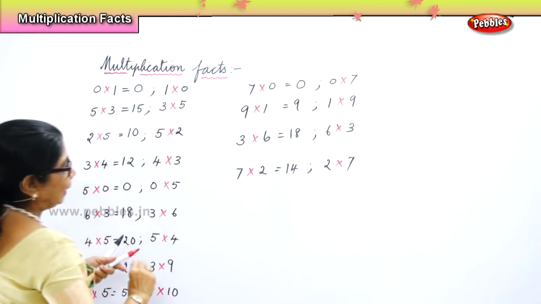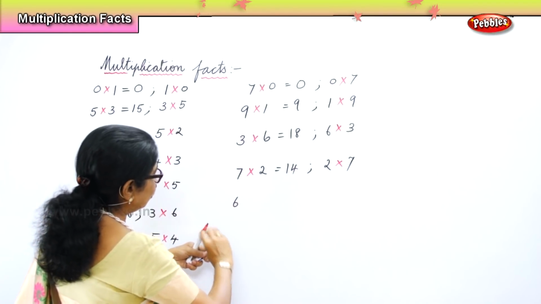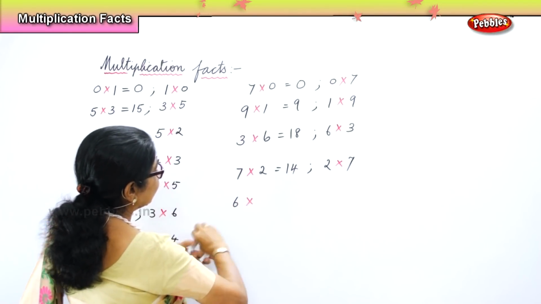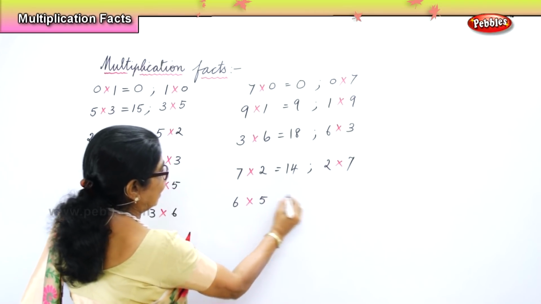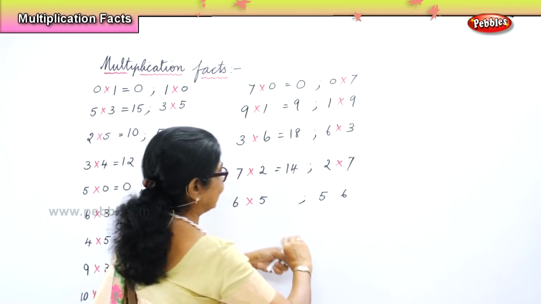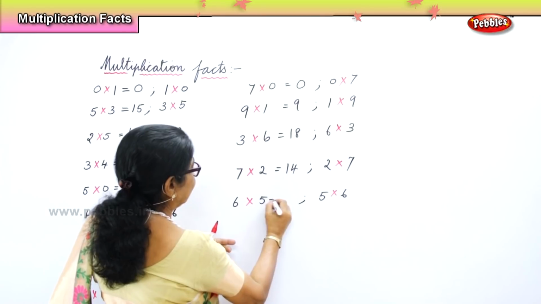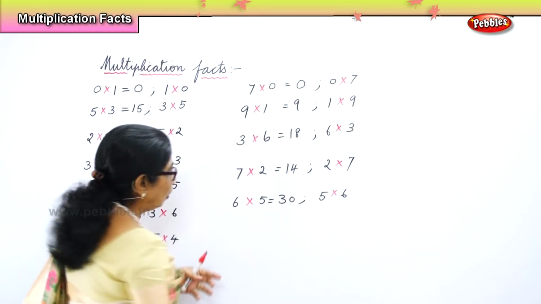Now, let's say 6 into 5 is the same as 5 into 6. 6 fives are 30. Good. Alright.